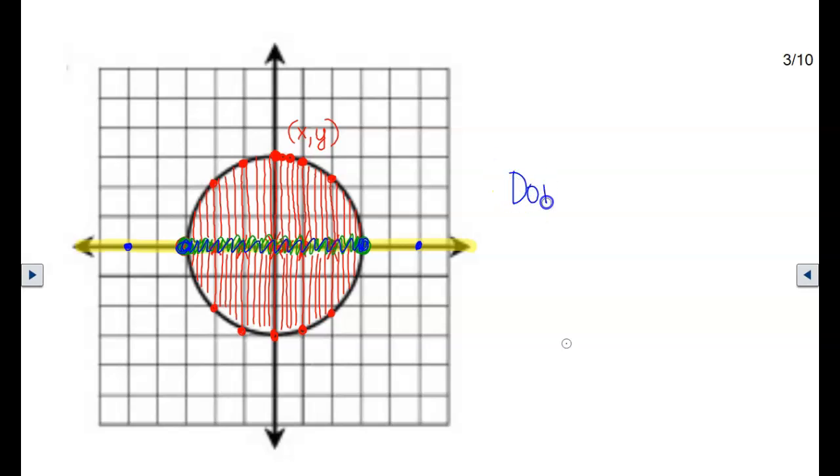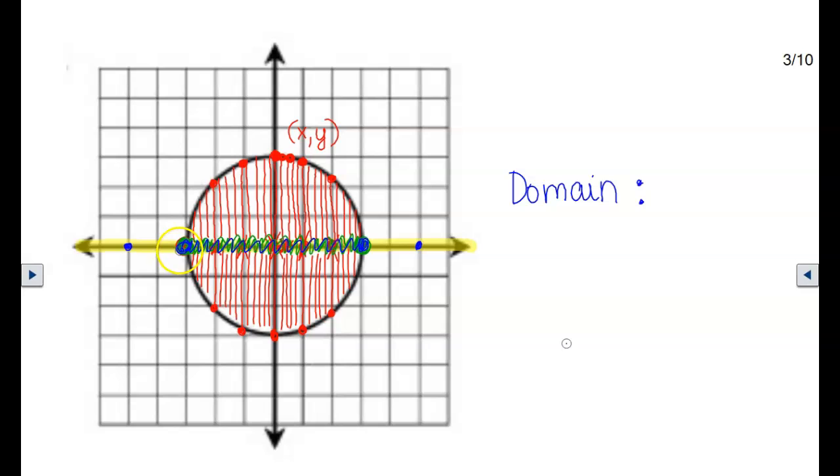Now, we're going to write this domain using the interval notation that we learned about earlier in the semester. So remember, when you're doing an interval, this part that I've outlined in blue is a line segment that starts here and ends here. And when I write my domain in interval notation, I want to use those two numbers.